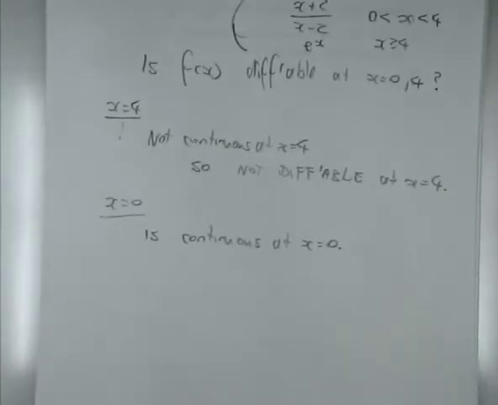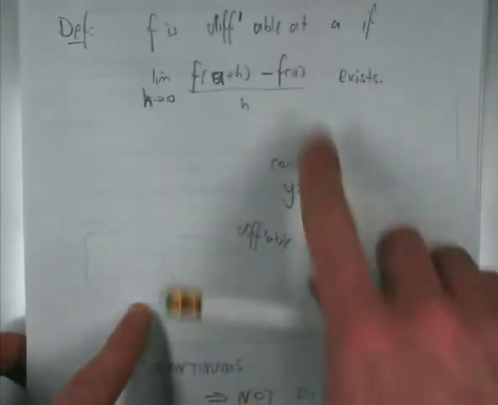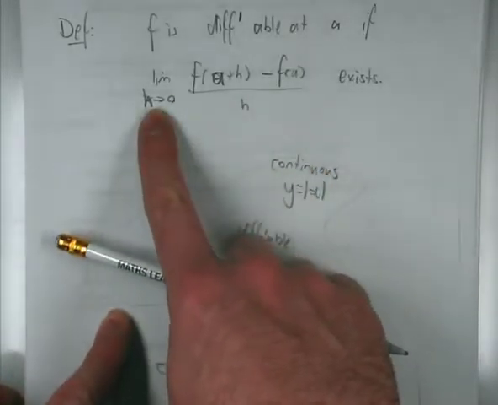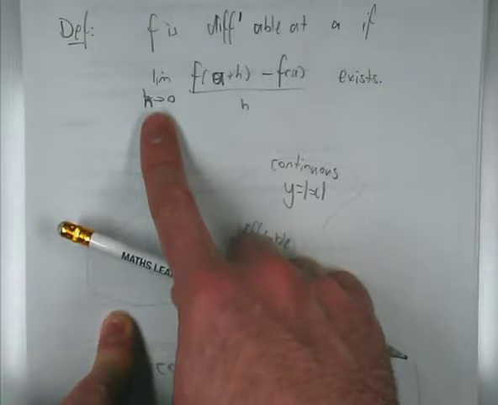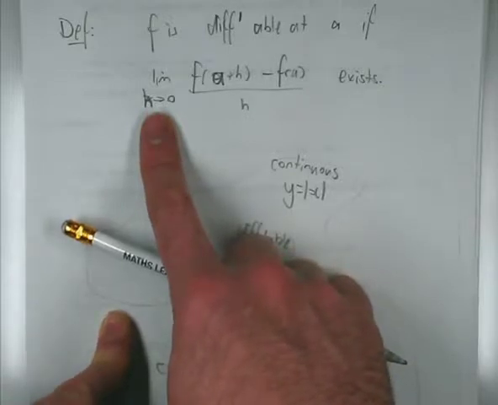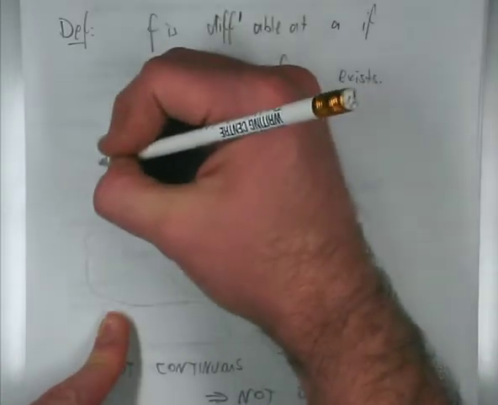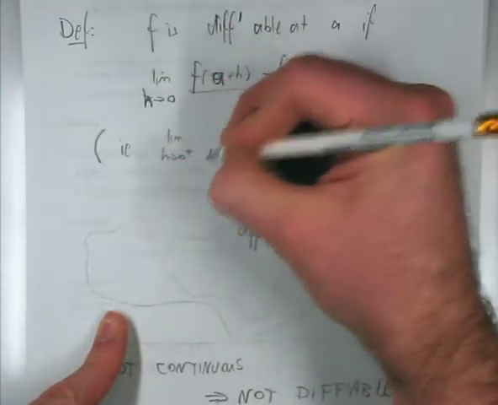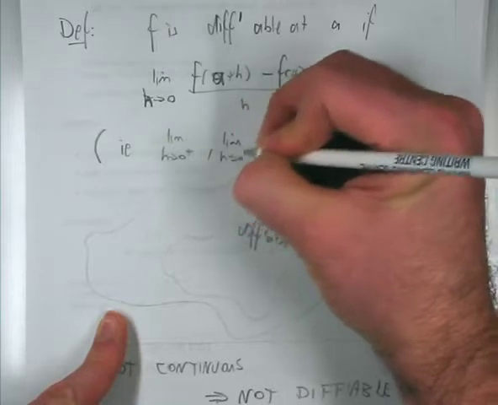Now it's a limit. Technically what this means is that I need the limit as h goes to 0 from above, and the limit as h goes to 0 from below, to both exist and be equal.